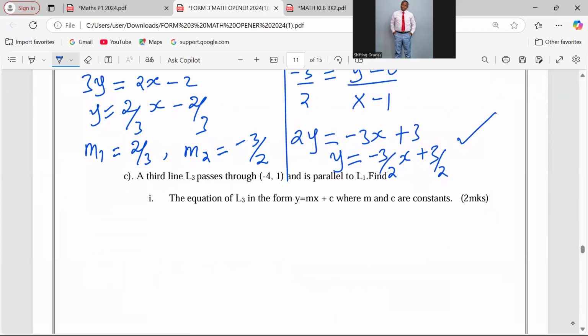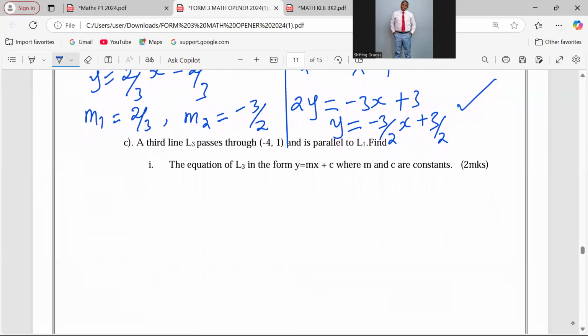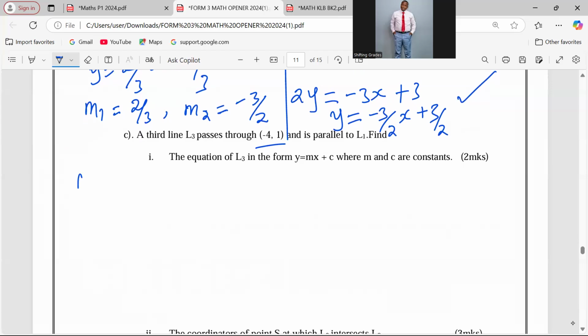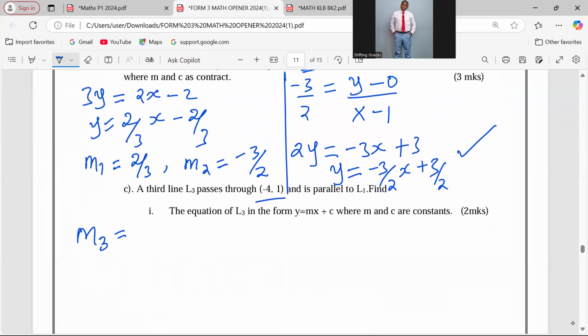This is now the equation in the said format. All right. Part C. A third line, L3, passes through -1 and is parallel to L1. Find part 1, the equation of L3. So the gradient of L3 is going to be equivalent to the gradient of L1. So this is going to automatically be 2/3.